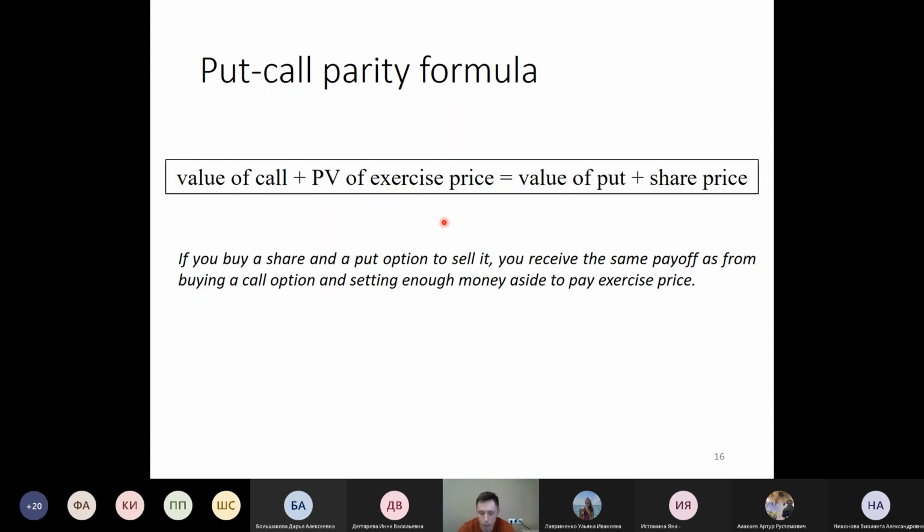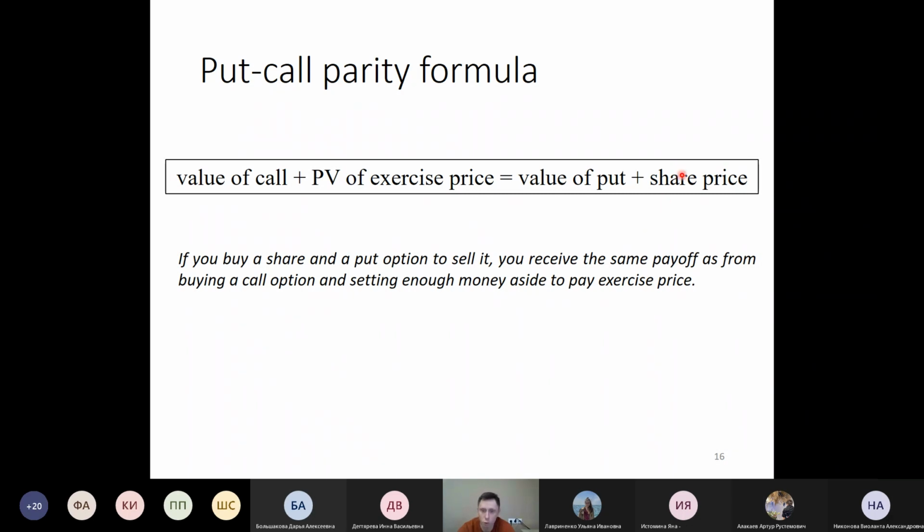And the same cash flow would be generated for us by another combination. If we have a put option that gives us the right to sell an asset, we must have this asset, and therefore we must have the value which is equal to the share price.